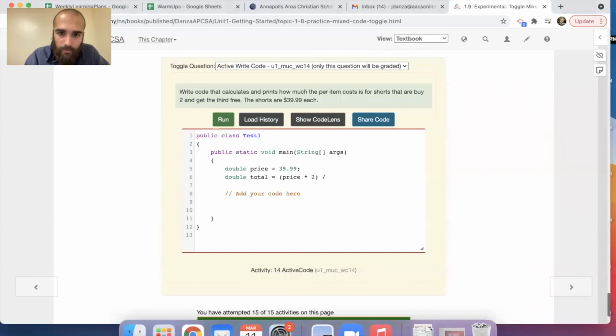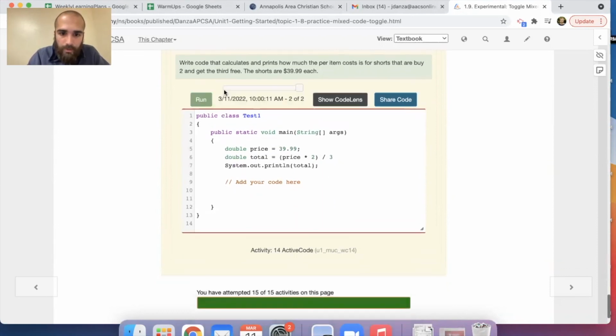And then we're going to divide by 3 because we're going to end up getting 3 pairs. The third one would be free. It says add your code here, so I'm just going to put it up there. And then we'll print out the total. And let's see what we get.